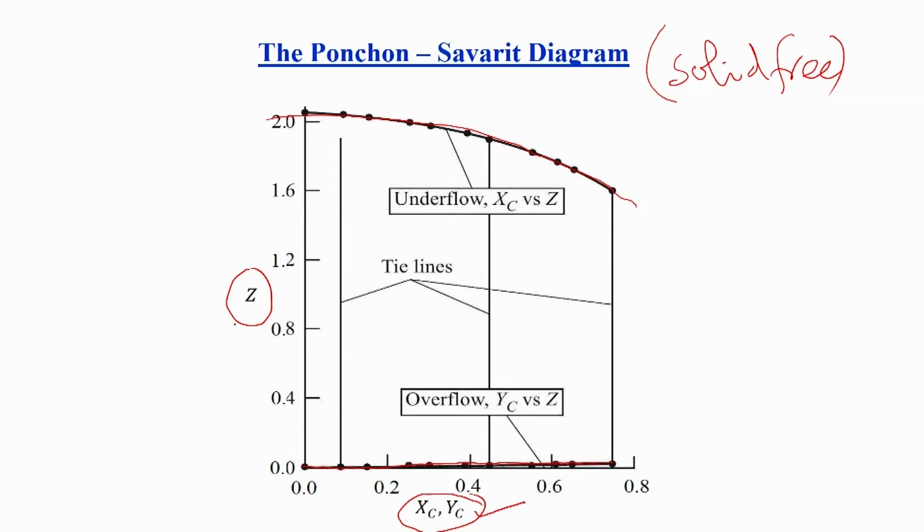Whenever we discuss Z on a solid-free basis, for the underflow we will always get Z greater than 1. We will show the Z value for underflow and overflow, and the capital XC and capital YC for the underflow and overflow, whenever we use the Ponchon-Savarit diagram.